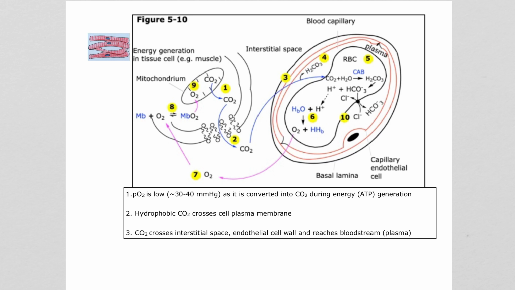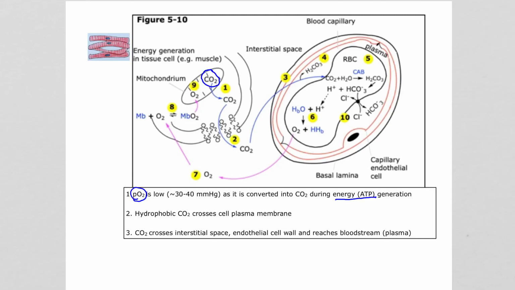So the reason why the concentration of oxygen is low in muscles and in tissues in general is because the oxygen is used up to generate ATP or energy, something we'll talk about in metabolism in future videos. And one of the products of energy generation is the gas carbon dioxide.